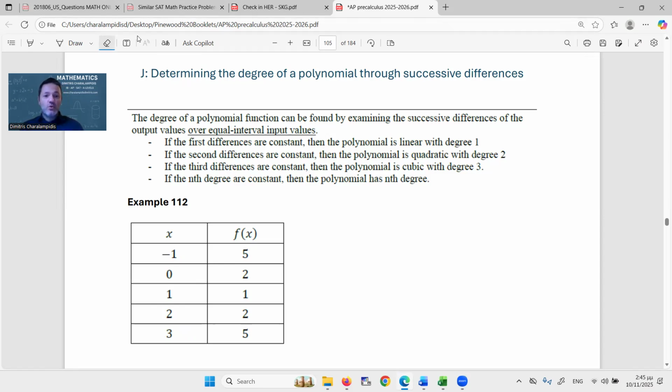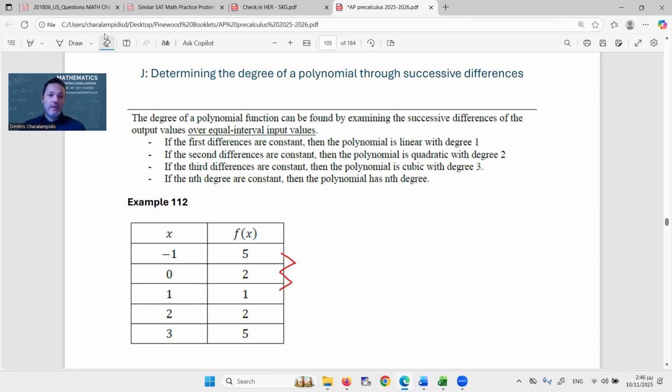So, now that we have seen that we have equal interval input values, let's see how this works. We need to consider the differences. I know that when x is -1, y is 5. When x is 0, y is 2. The difference between 5 and 2, 5 minus 2, is 3.